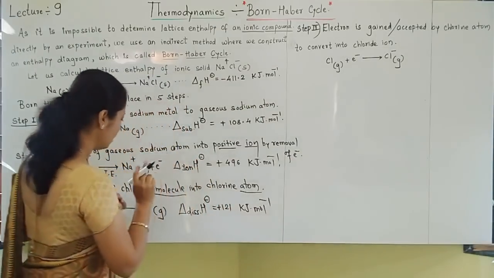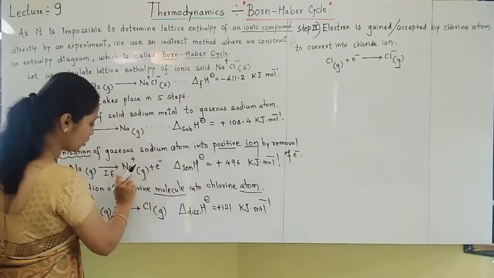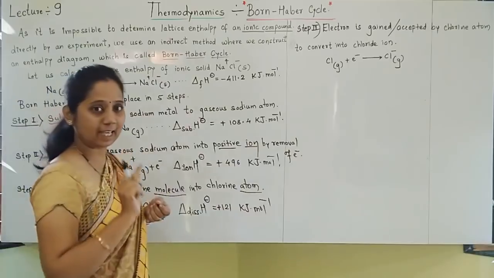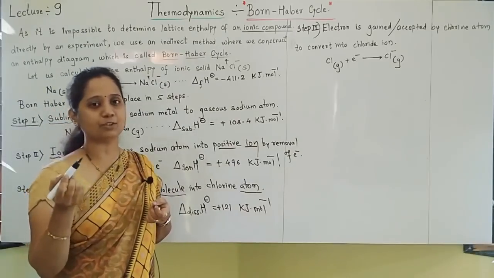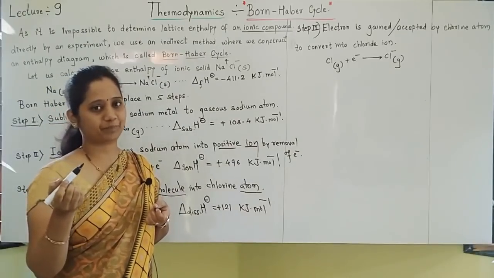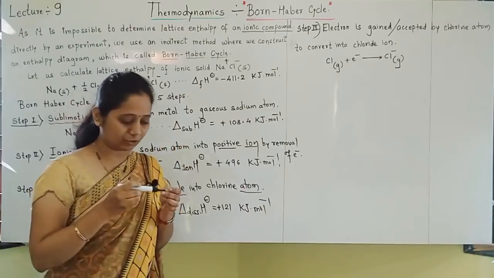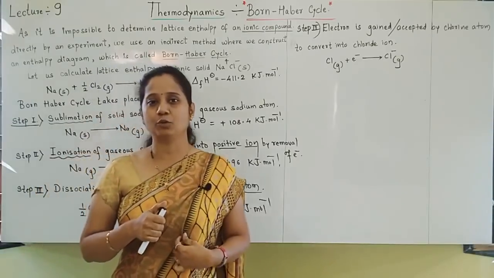Now we are having, see student, positively charged sodium in gaseous state and negatively charged chloride in gaseous state. Now both can combine to form an ionic solid. Okay, so now electron is gained, and electron gain enthalpy, what is taught to you?